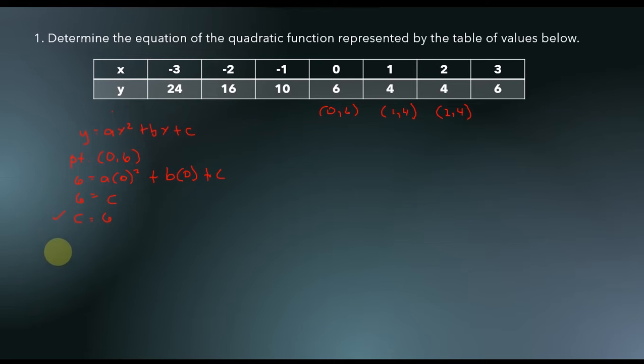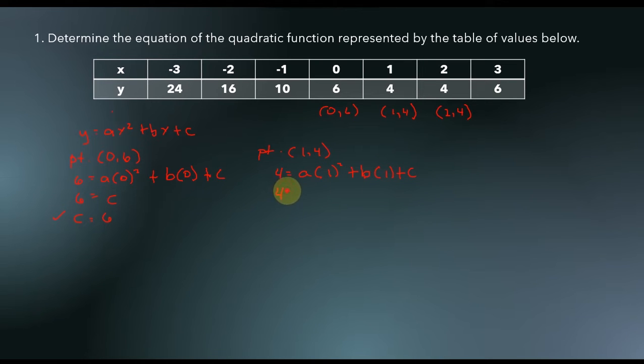Next, let's go with the second point, which is (1, 4). If you have point (1, 4), we substitute this into our formula. So 4 equals a times 1 squared plus b times 1, again x is 1, plus c.